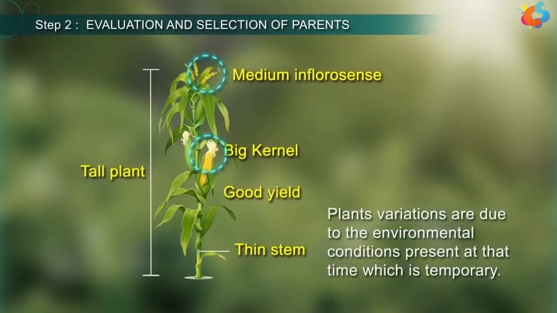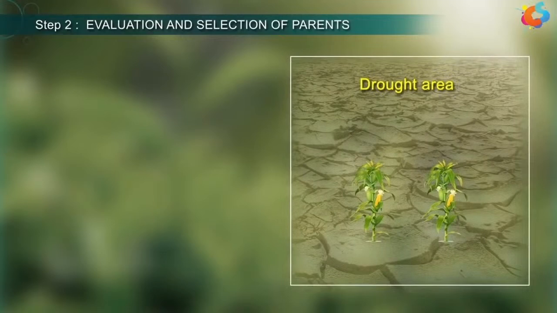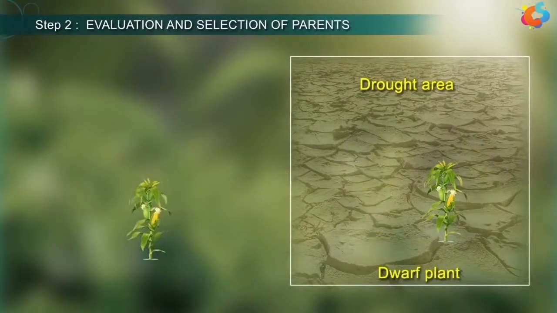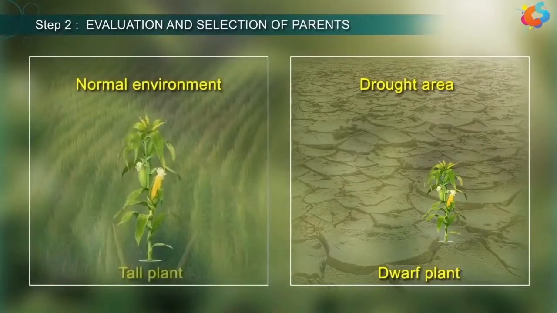However, plants' variations are due to the environmental conditions present at that time, which is temporary. For example, suppose researchers collected a dwarf plant from a drought region and named it as dwarf plant. But when this variety was cultivated under normal environmental conditions, the plant grew tall.